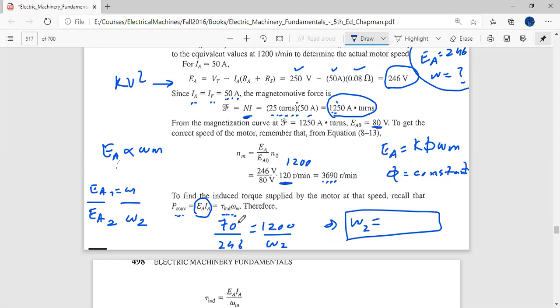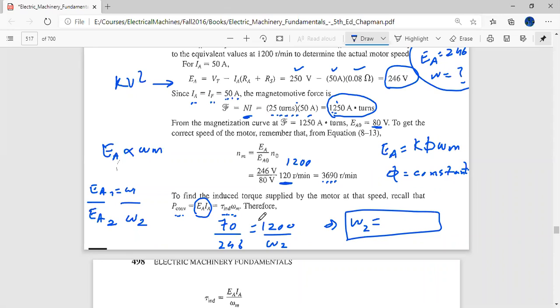So this is the part where mechanical losses haven't been considered yet, and after you consider all the mechanical losses from this, the real mechanical output power P out becomes equal to torque load multiplied by omega m. So tau induced times omega m is the initial mechanical power developed, which is equal to the electrical power finally remaining in the armature, which is EA and IA.